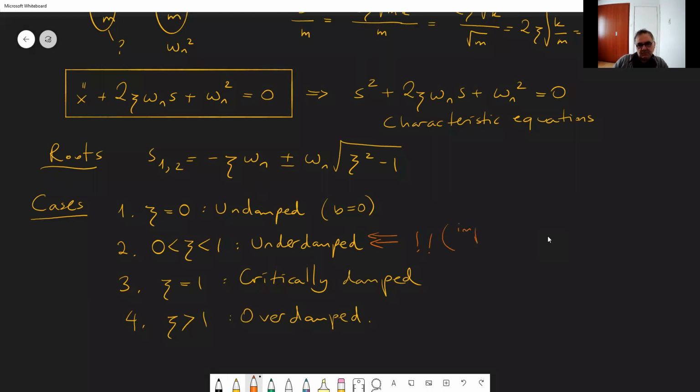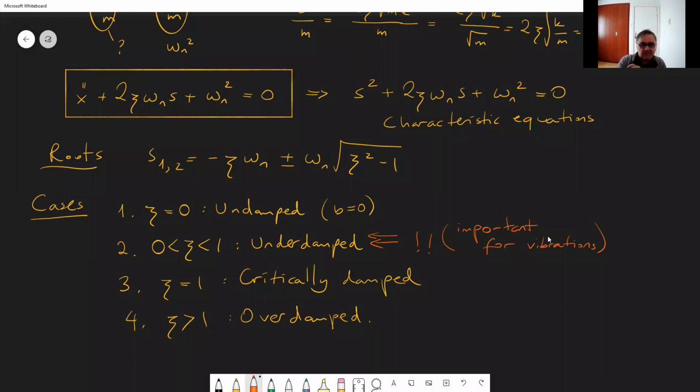In general, this is the most important case where you have oscillations in the system. And more realistically, most systems oscillate and the oscillations eventually die out. So underdamped is important for us.